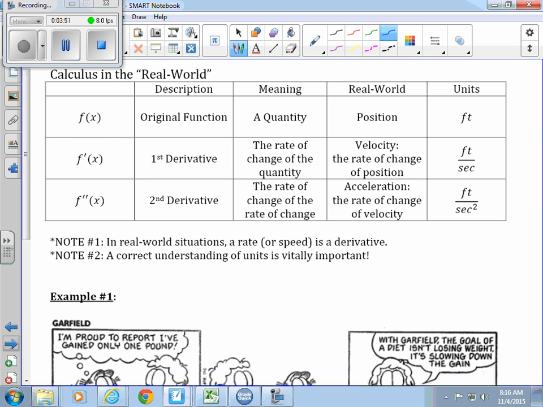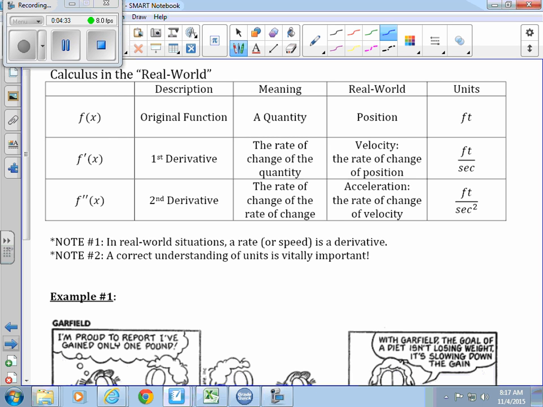Now, of course, we could have the original function be a velocity, but typically we have the original function be a quantity, a position, an amount of things, something like that. If we are doing position, it would be in feet. And if we're doing quantity, it would be something like gallons. The first derivative, as you know, is the instantaneous rate of change, or the rate of change of that quantity. If you're doing gallons, maybe it's gallons per hour. In this example up here, it's feet per second, the velocity.